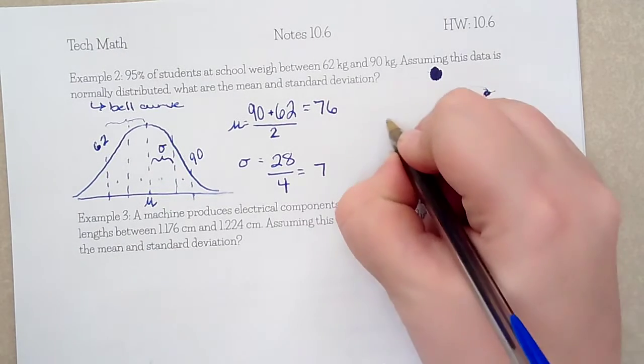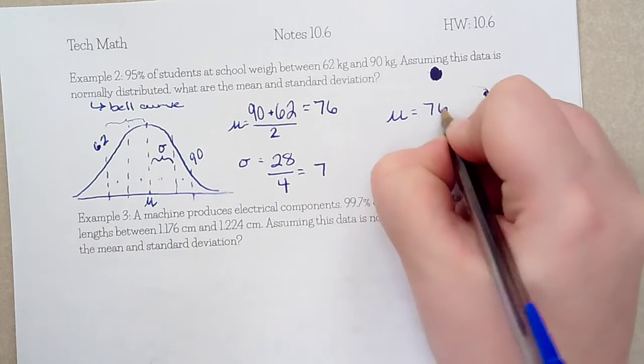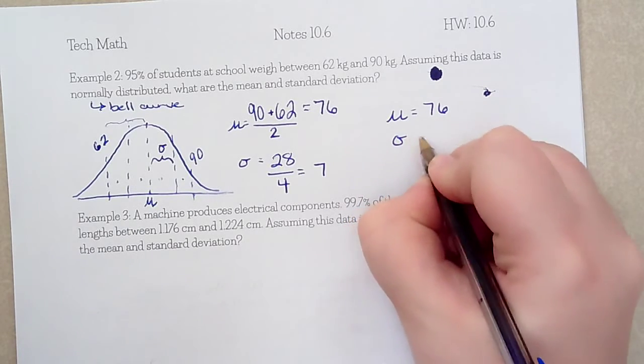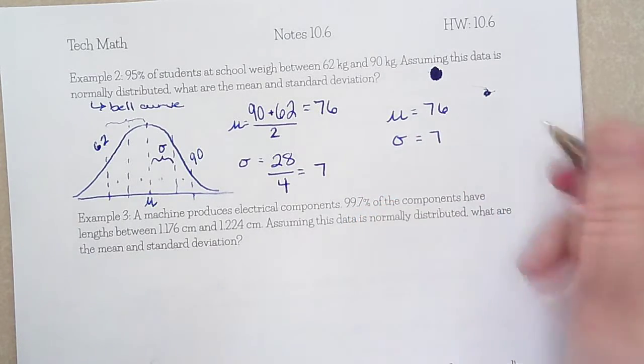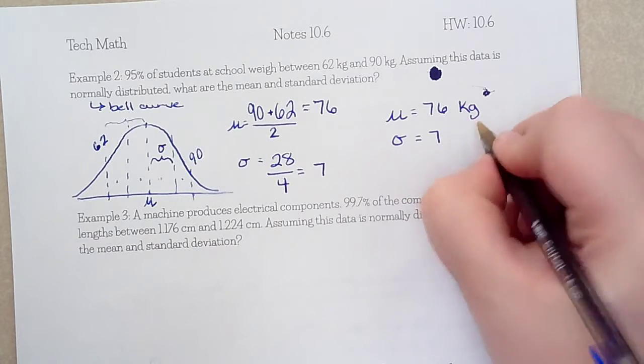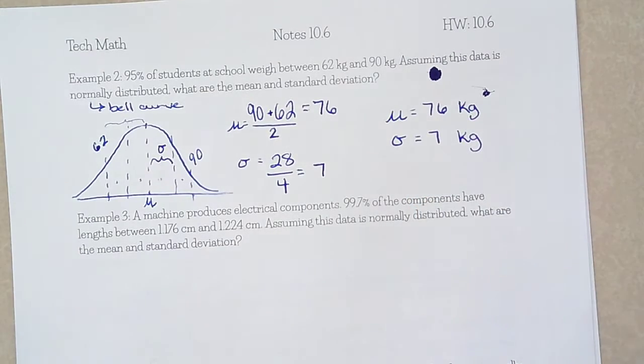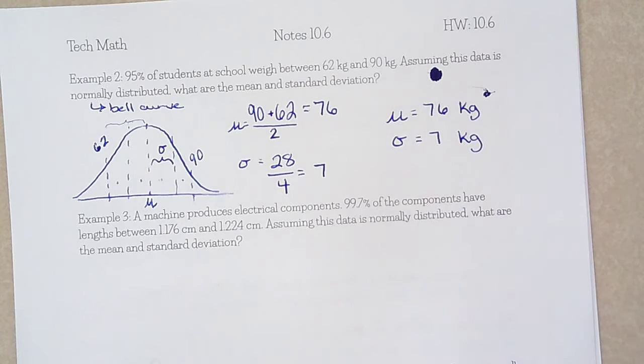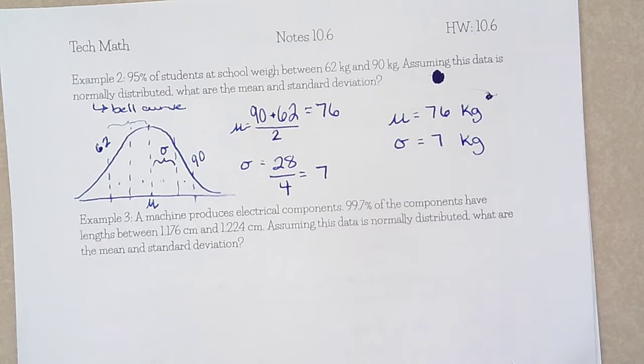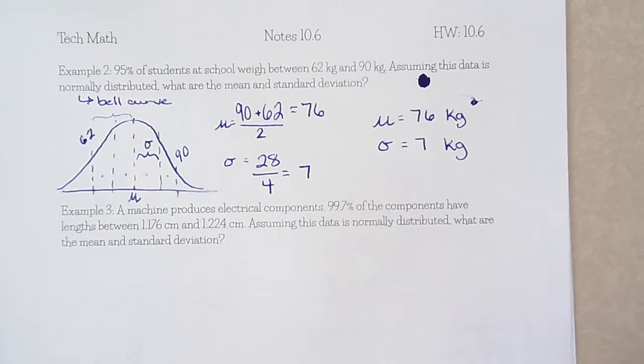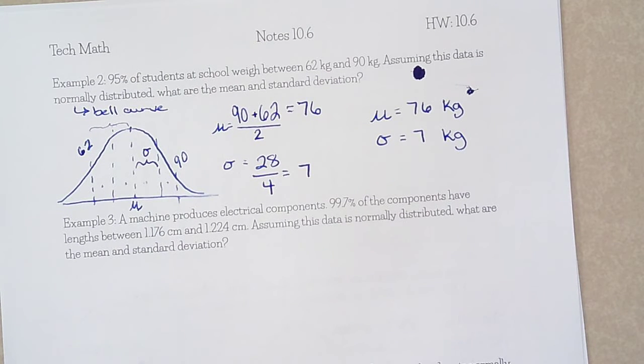So I now know that mu is equal to 76, that's my average, and a single standard deviation is 7. This tells me that the average student at this high school is 76 kilograms, and to be 1 standard deviation off, you'd have to be about 7 kilograms heavier or lighter to fall within 1 standard deviation.